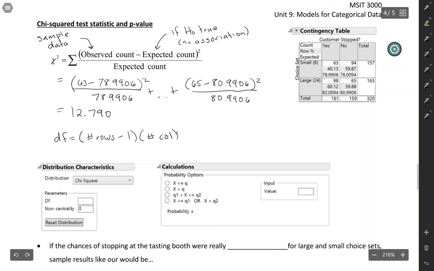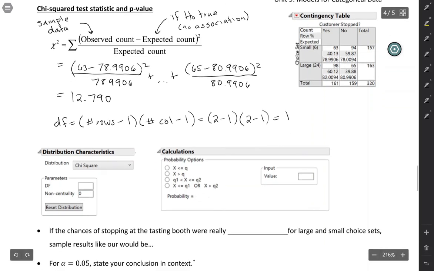And by the way, this formula is given on your reference sheet, so you don't have to worry about memorizing it. When we say the number of rows, we're not including totals. So here it would be 2 minus 1 times 2 minus 1. So this is actually just 1 degree of freedom. Maybe I'll put a note here: don't count the totals.